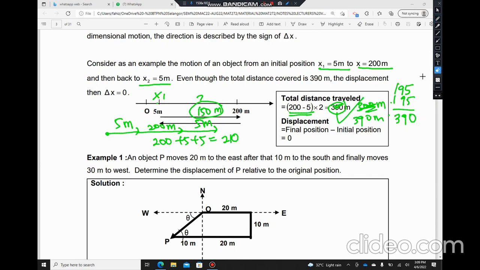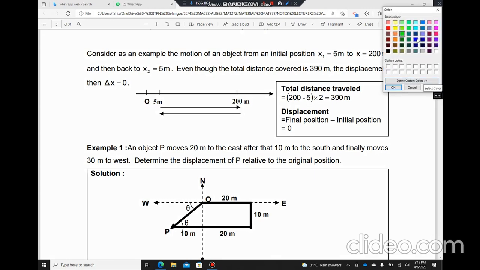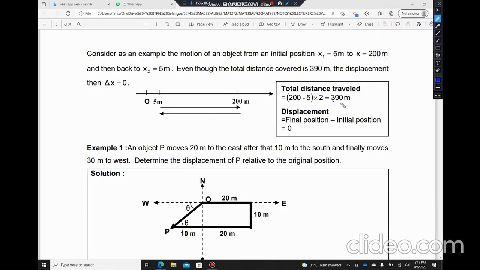Okay, sekejap saya padam yang ni. Okay, so tadi kita dapat total distance, 390.